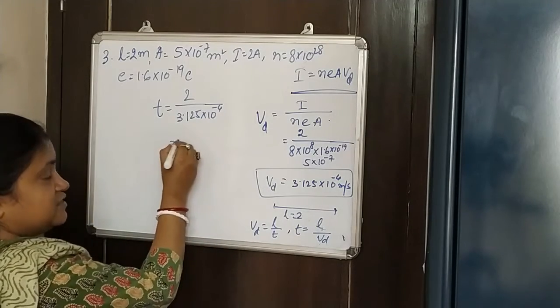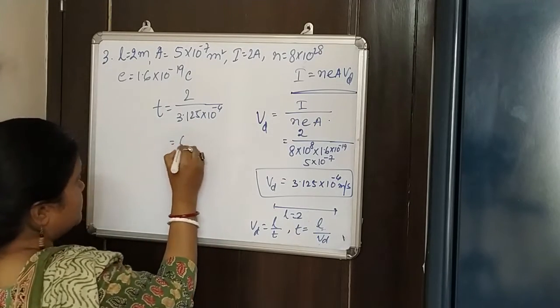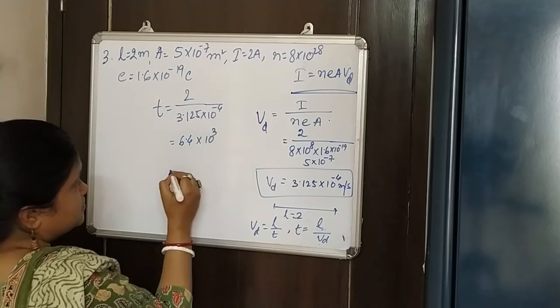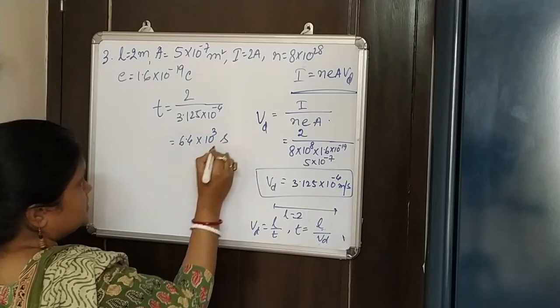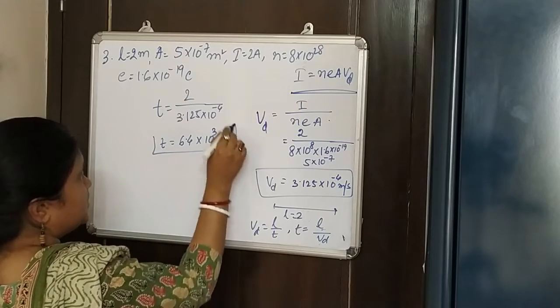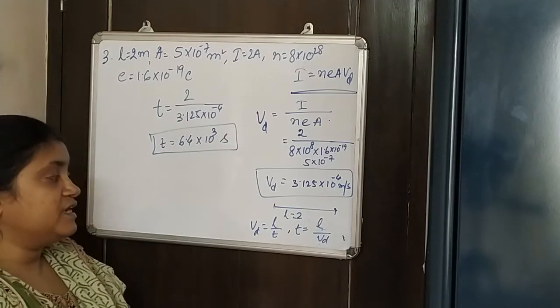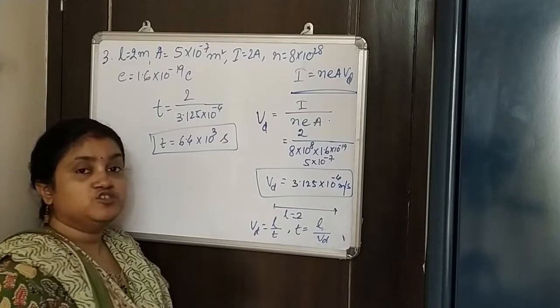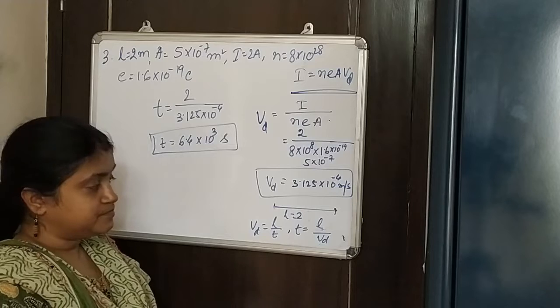If you calculate this, then it would become 6.4 into 10 power 3 second. So this is the time that would be taken for the electrons to move from one end to the other end of the wire.